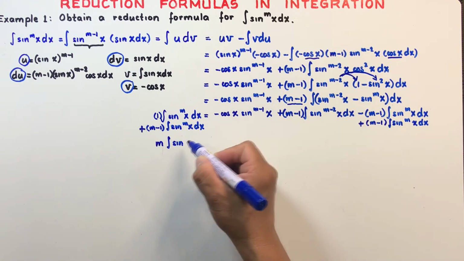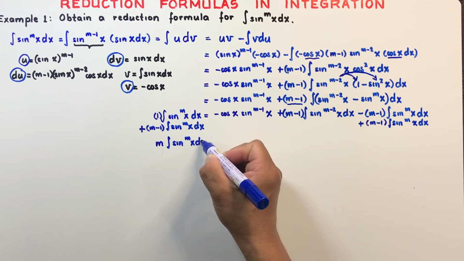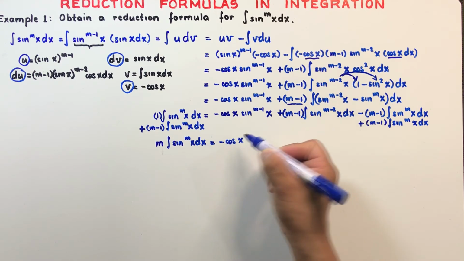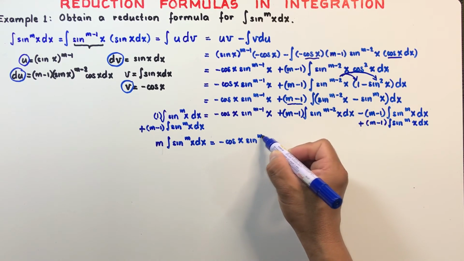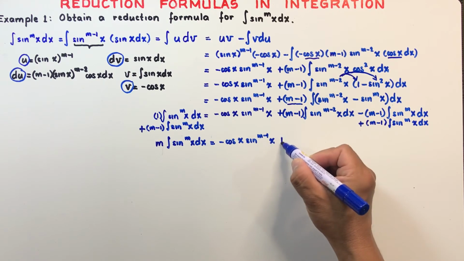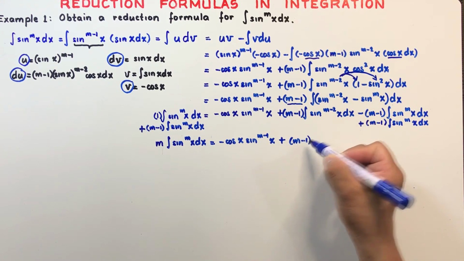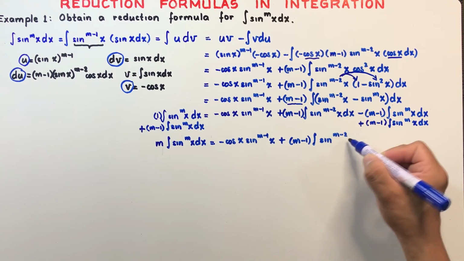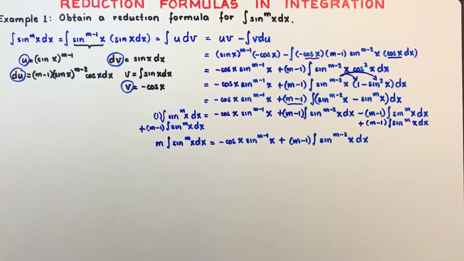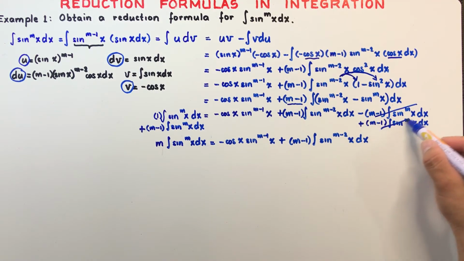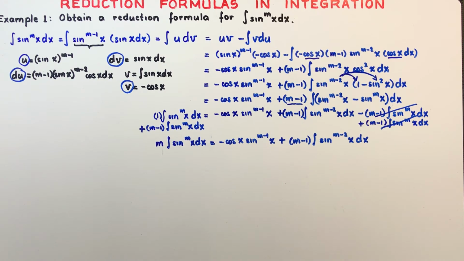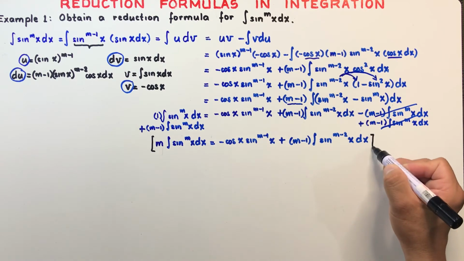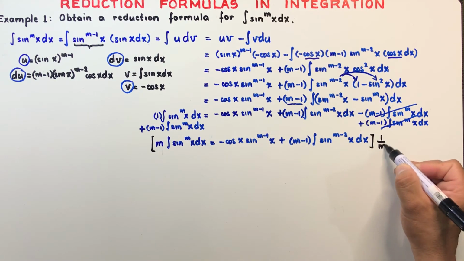of sine x to the power m dx, which is equal to negative cosine x times sine x to the power m minus 1 plus m minus 1 times the integral of sine x to the power m minus 2 there. Since this one and this one cancel each other, we need to eliminate this m here by multiplying both sides of the equation by 1 over m.